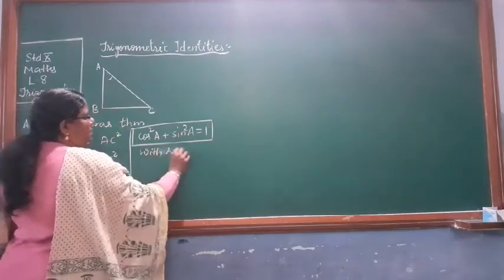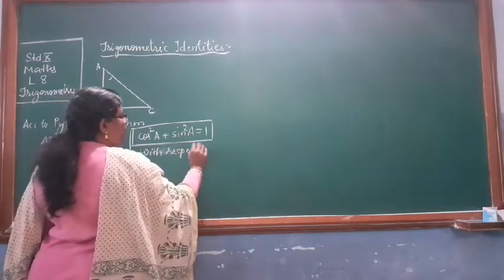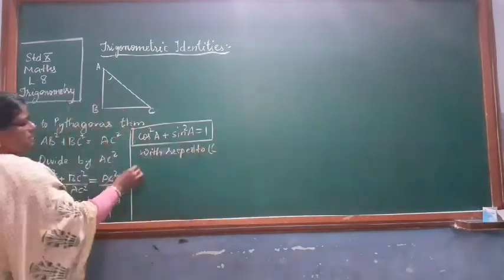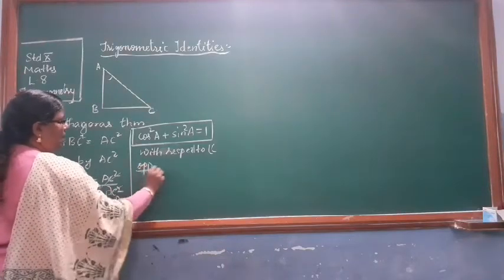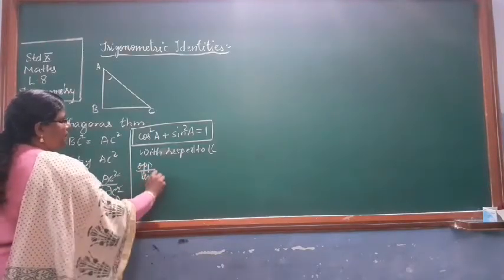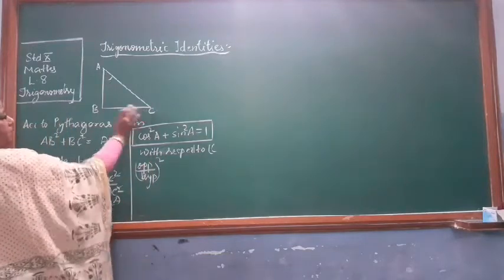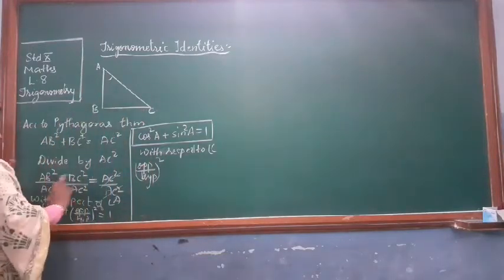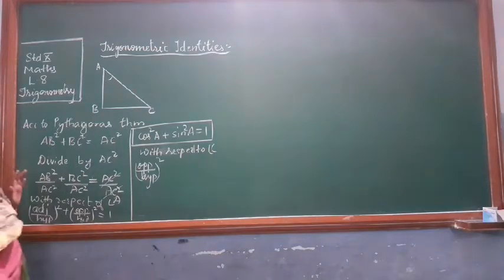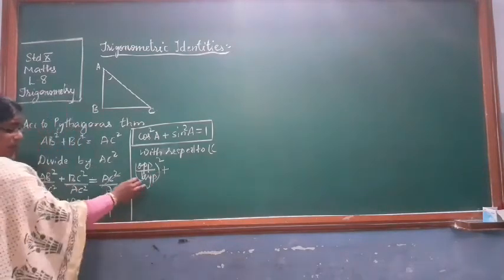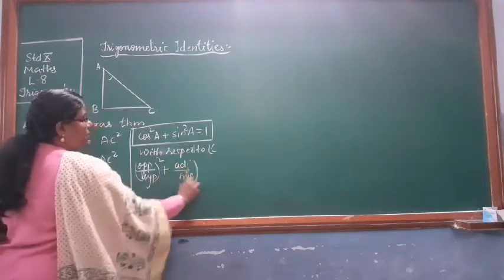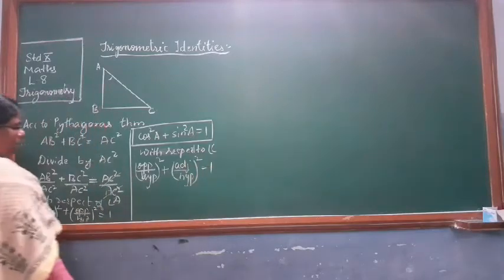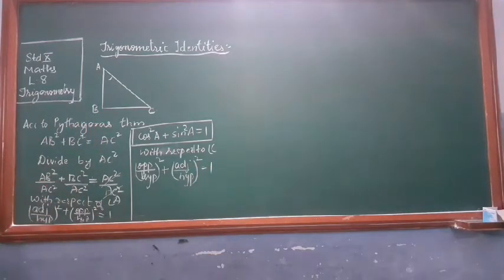With respect to angle C, if you take this relation, it will be what? Opposite upon hypotenuse the whole square, because with respect to C, AB becomes the opposite side. है ना? यही relation को लेके अगर हम समझे तो it becomes opposite upon hypotenuse the whole square plus adjacent upon hypotenuse the whole square equal to 1 आएगा, because that AC by AC will become equal to 1.